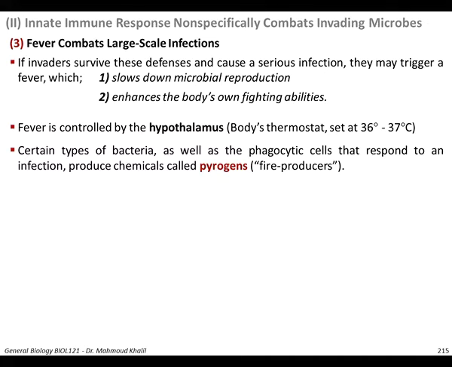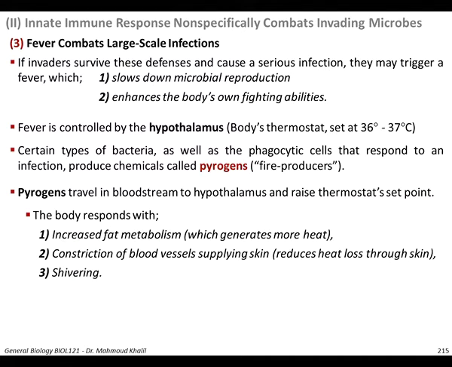Pyrogens travel in the bloodstream to the hypothalamus and raise the thermostat set point. In other words, these pyrogens make the hypothalamus aware that something wrong is happening inside our body.